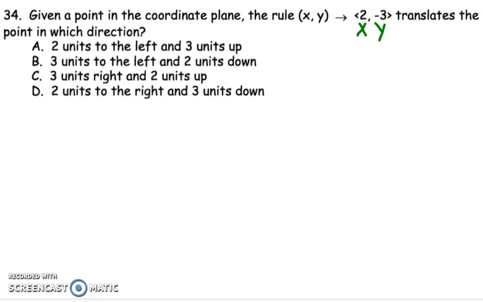So just like with the other problem that we did in 33, with the x, we're moving each point 2 units. Since it's positive, it's going to be to the right. Now with the -3, that affects the y. So since it's negative, we're going to go down 3 units. So our answer here is going to be D.